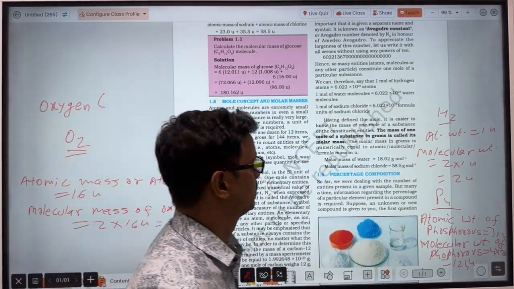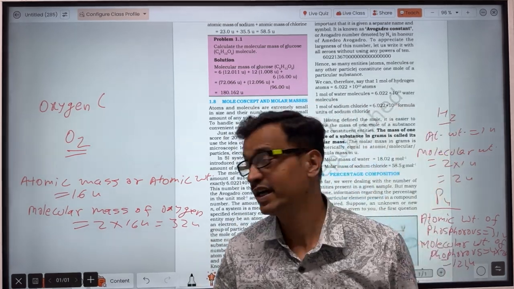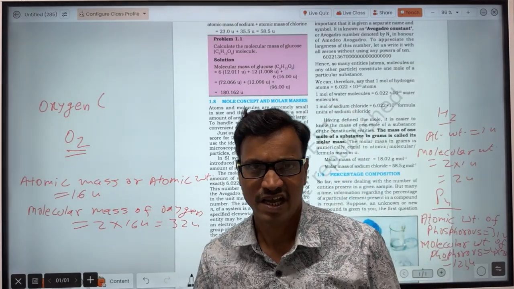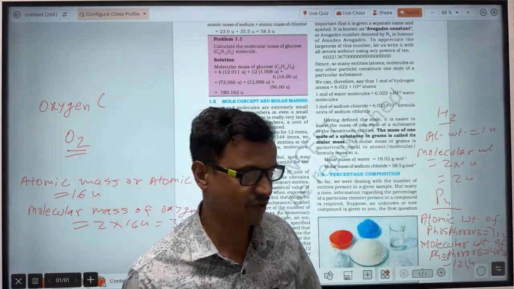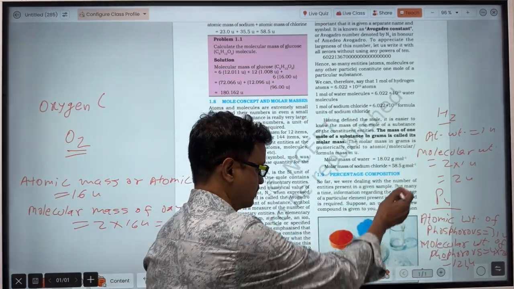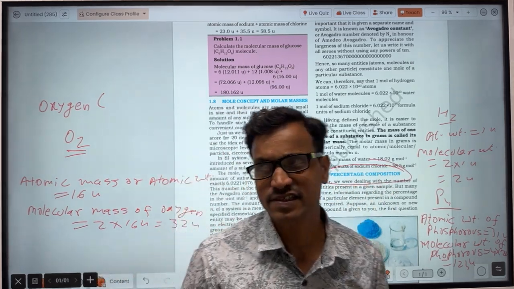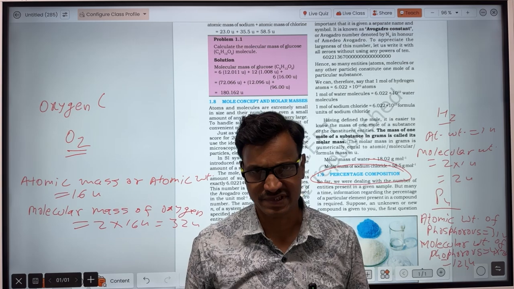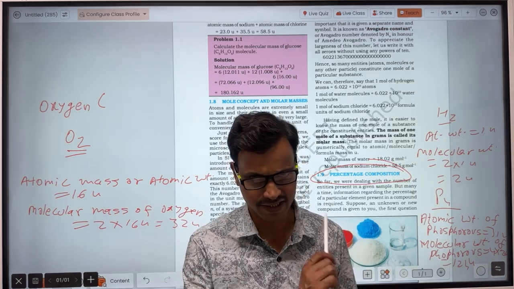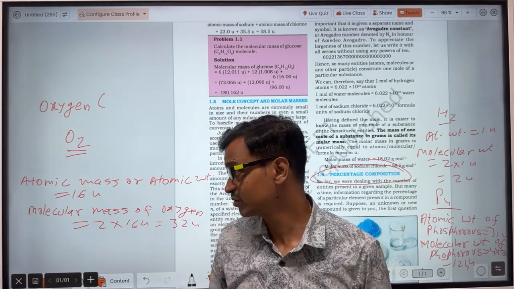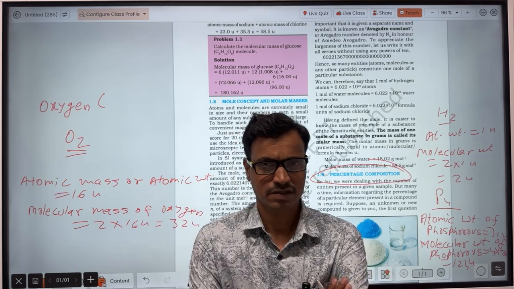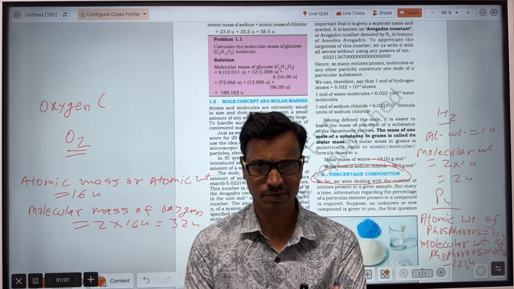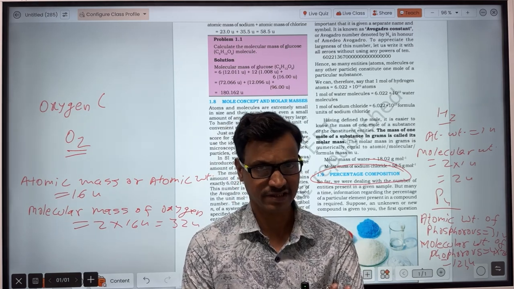So guys, that was about molar mass and atomic mass, which is the ABCD of the question, and the main concept starts from here. That is percentage composition in the mole concept. Guys, as I am reiterating, these concepts are the basics of chemistry, like the ABCD of chemistry, and you will have to understand this very easily.